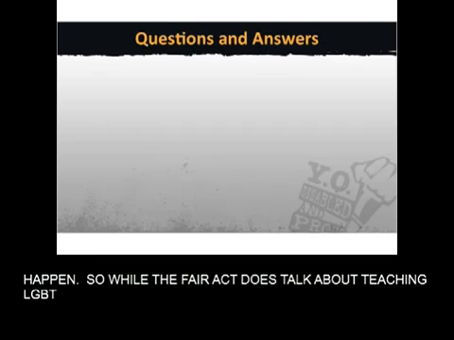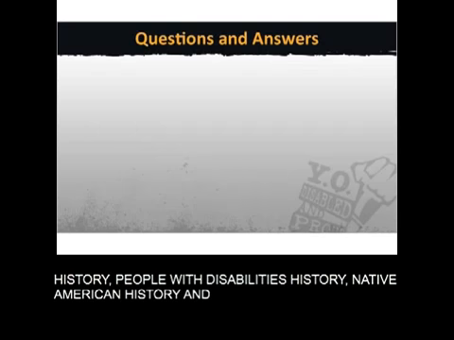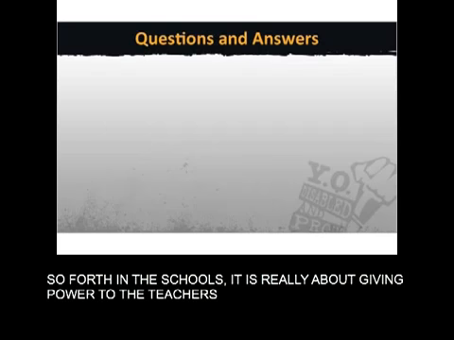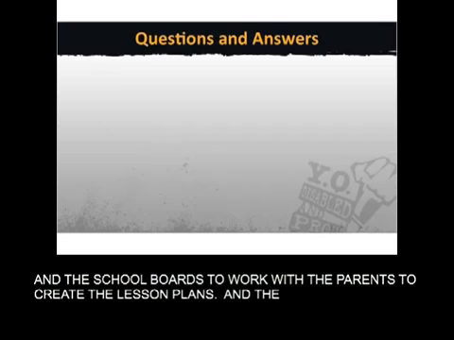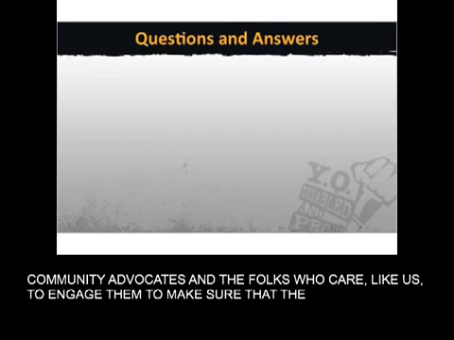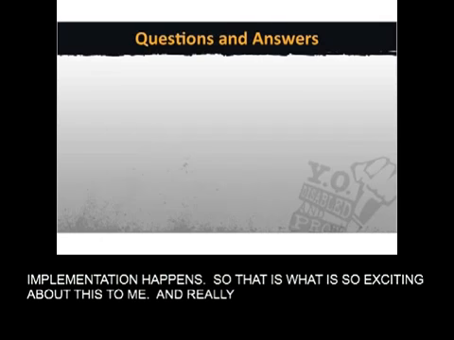And so while the FAIR Act does talk about teaching LGBT history, people with disabilities history, Native American history, and so forth in the schools, it really is about owning power, and it's about giving power to the teachers and the school boards to work with the parents to create the lesson plans, and the community activists and the folks who care like us to engage them to make sure that the implementation happens.